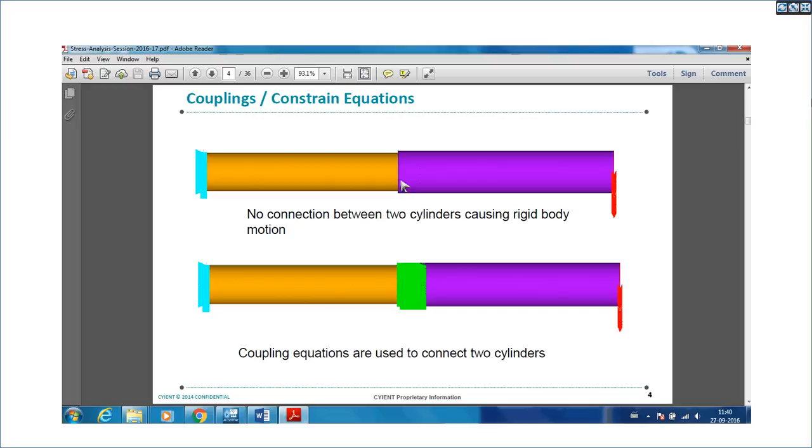Then it will cause rigid body motion. The stiffness matrix associated with this will be singular. So to establish a relation between these two components in degrees of freedom, we can impose a coupling equation. Then if you try to solve, it will converge.